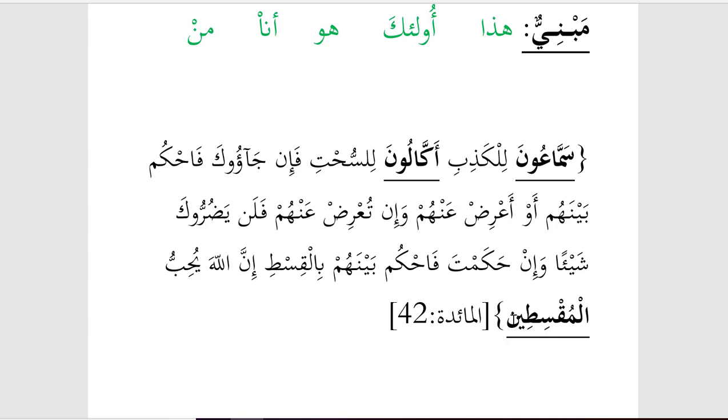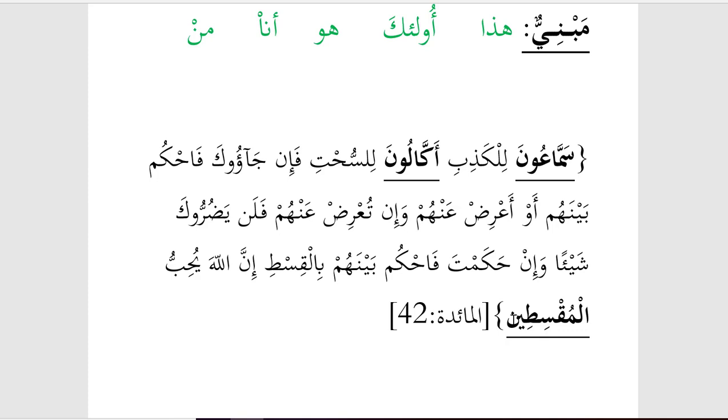We don't want to talk about it here because it's a different grammar that we'll take in book 2. The idea is that a grammatical change has happened, which has caused this dhamma to change to a kasra. And because it's changed to a kasra, we've used a ya instead of a waw.